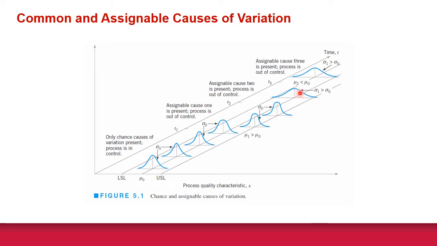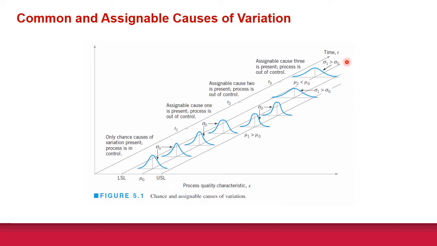At time T3, there's another assignable cause resulting in both the mean and, in this case, the standard deviation shifting the other way. So from time period 1 to time period 3, you've had several assignable cause variations, and this production has been out of control.